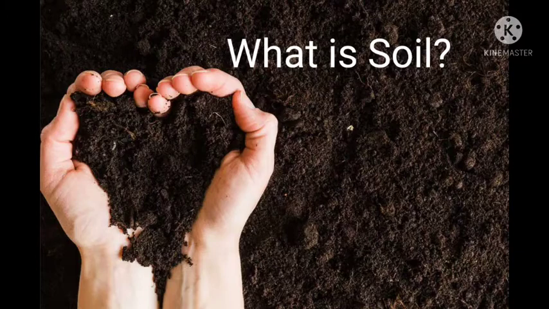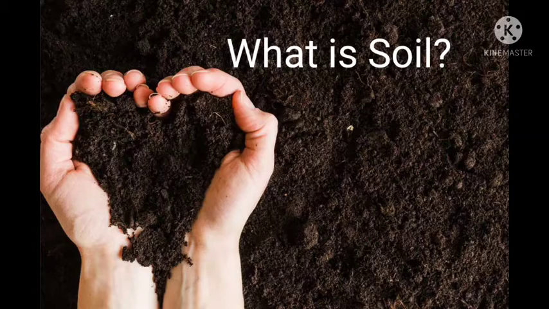Students, now one more important resource over the land is soil. Can you tell me what is soil? Students, soil is the loose grainy upper layer of the land surface where vegetation grows.